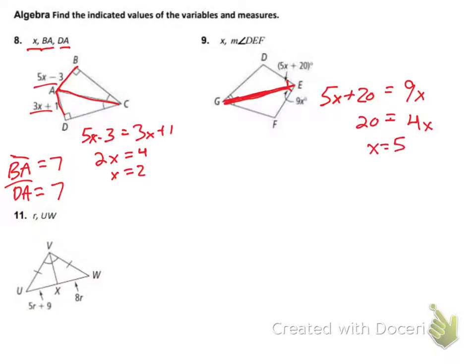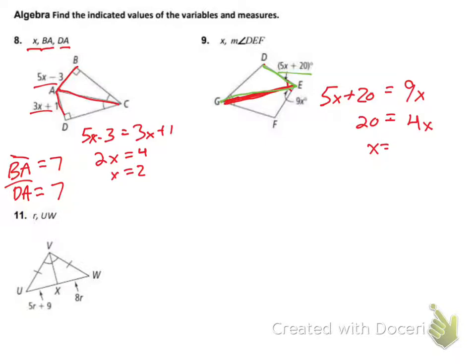And then it wants DEF. So keep in mind, it wants DE, this angle, the whole thing right there. So it wants this entire measure right here. So what I would need to do is then I could just plug it in and find out what angle. Let me do this in a different color so you guys can see what I'm saying. I could either just plug it into DEG, because that's 5x plus 20.